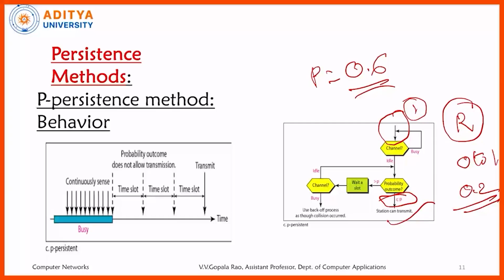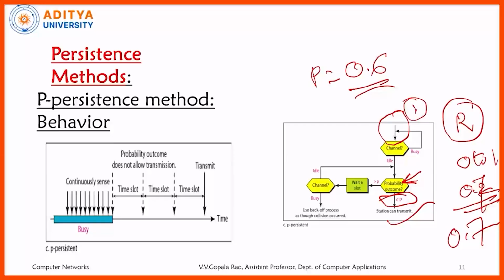Suppose in the other case, the R value is estimated as 0.7. Let us say a new random number is derived as 0.7. Now again, if you come to this position, because the R value is 0.7 and the predetermined probability value is 0.6, because R is more than P, we are allowing the station to wait for some slots.